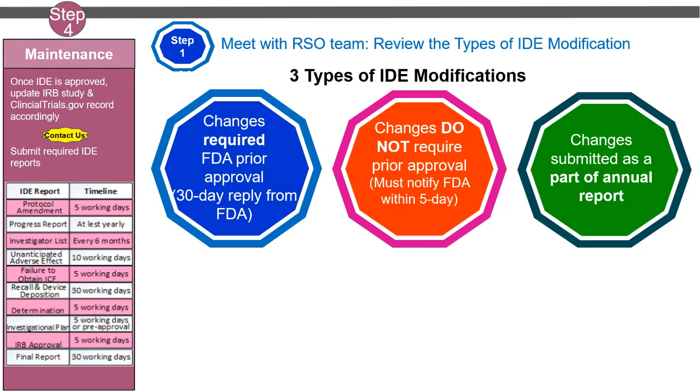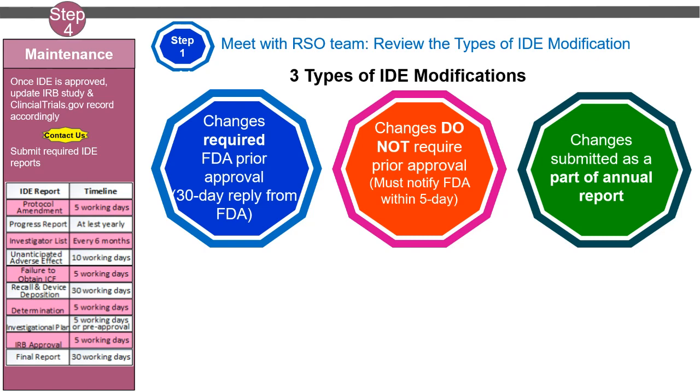Essentially, there are three categories of IDE modifications, each tied to a specific timeline, which are: number one, an amendment submission option with a 30-day wait time for some changes, requiring prior FDA approval before implementing those changes.